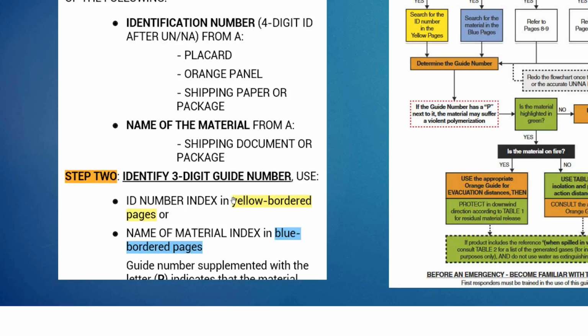So the yellow bordered pages are pages that go to if you know the ID number. So if you know the ID number, you're going to flip to those yellow pages and they're listed numerically. Go in there quickly and find the number that you need. The blue pages list the material index.